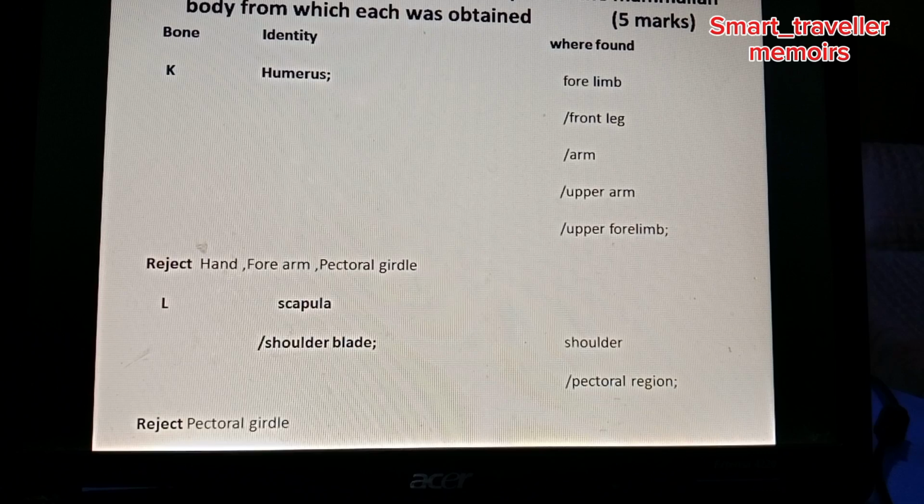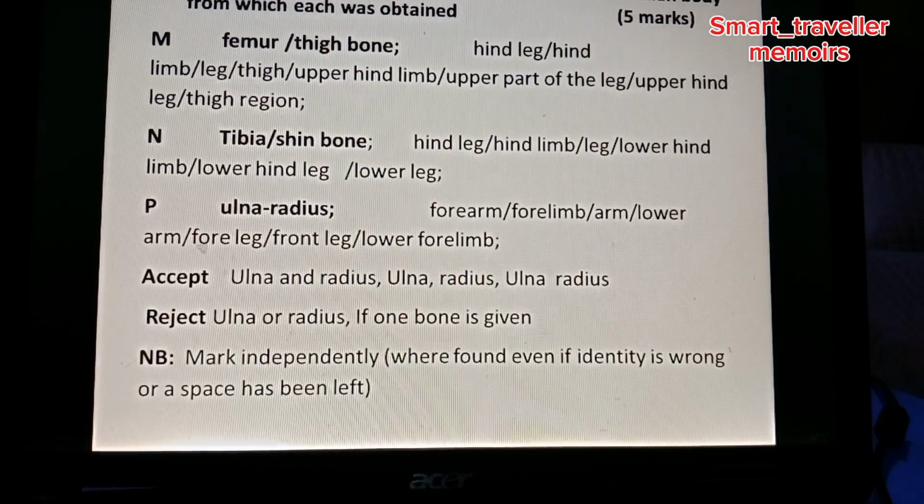L is scapula, or you can call it shoulder blade, and it is found on the shoulder or pectoral region. But reject if somebody writes pectoral girdle. We continue.